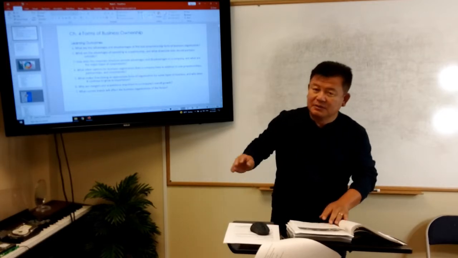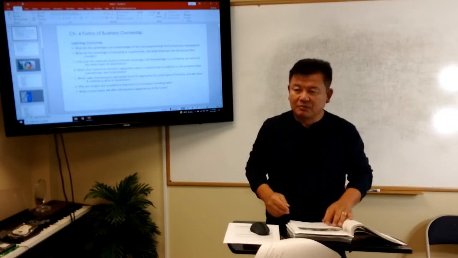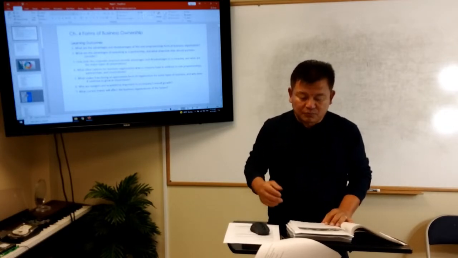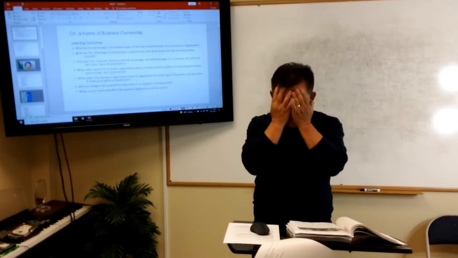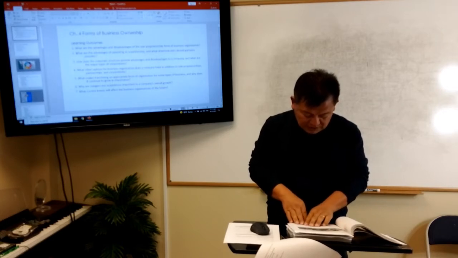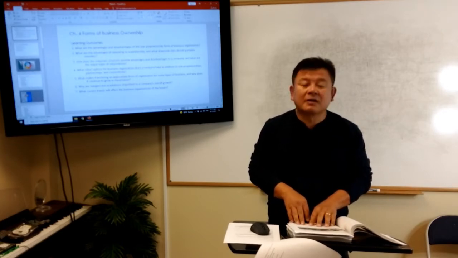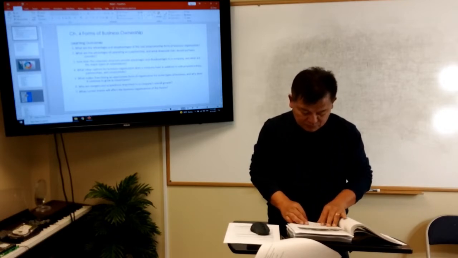organization. It means you are very familiar with this form of company, sole proprietorship: sandwich shop, some liquor store or flower shop. So lots of sole proprietorships. We will review the advantages and disadvantages of the sole proprietorship.